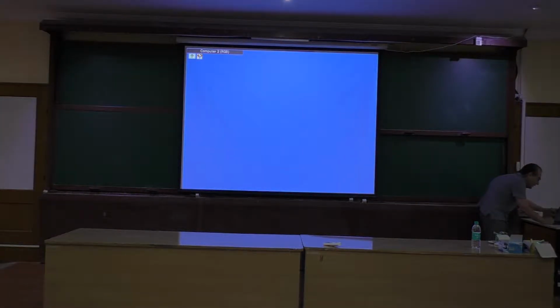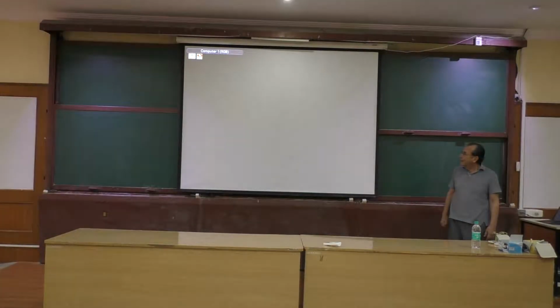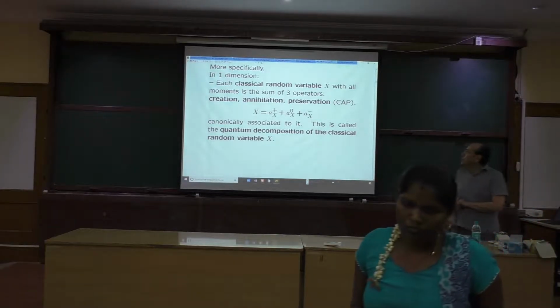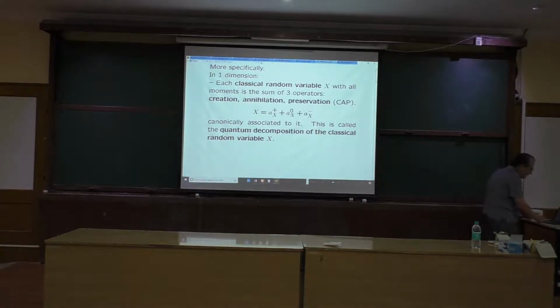So more specifically, what we will do is distinguish the various levels. In one dimension, we will prove that every classical random variable x has a canonical quantum decomposition, a sum of three operators which we call creation, preservation, and annihilation, in analogy with quantum mechanics.